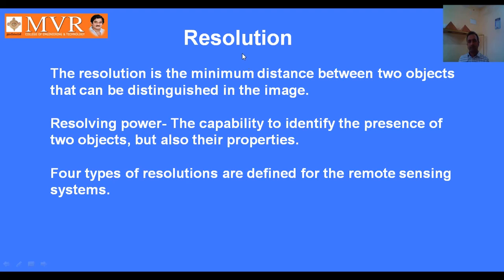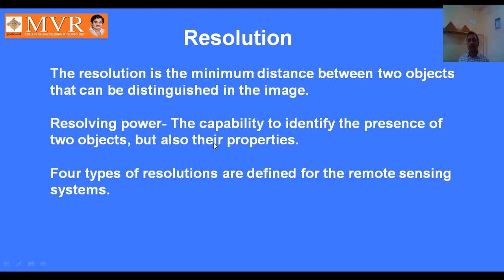So, resolution is nothing but resolving power. Resolving power means the capability to identify the brightness values or intensity values on the satellite image, not only objects. Through brightness values and colors, you can usually identify the objects. Not only objects, we also get their properties. This resolution also provides the properties of the object.